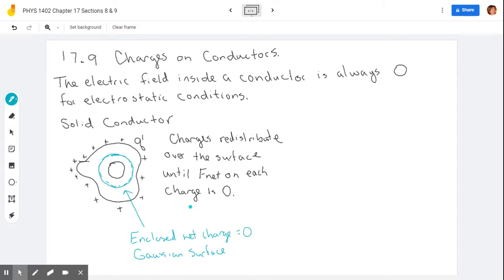All right, let's go back. Let's add another charge. So I've got the same surface. I'm going to try to draw it where it looks kind of the same. It probably won't look exactly the same, but we'll pretend it's the same. There we go. And here's that cavity.